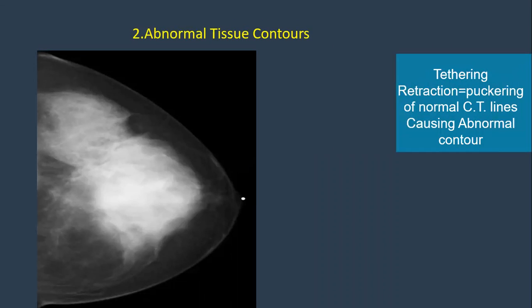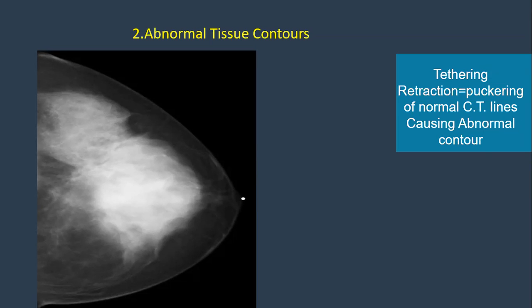What about this architectural distortion? Which type? Distortion of the contour, retraction of the contour. Excellent. Yes, this is distortion of the contours, okay? In conclusion, we have two major types, either spiculated lines, or radiating lines, or contour deformity.